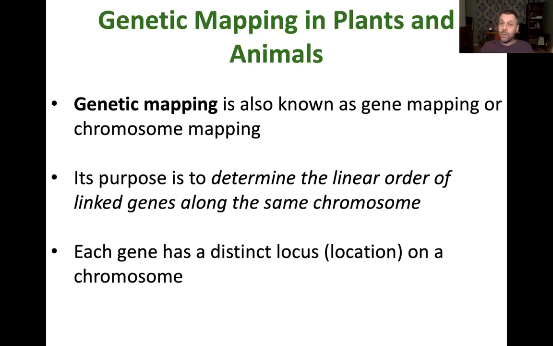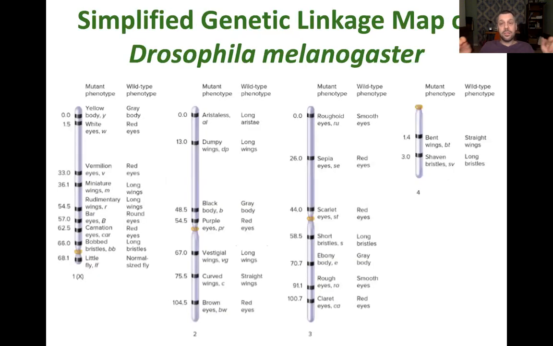You can do that because each gene has a specific location known as its locus on a chromosome. This is an example of a highly simplified map of the Drosophila genome.